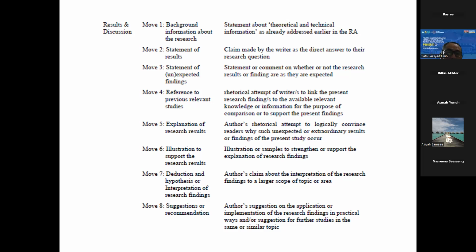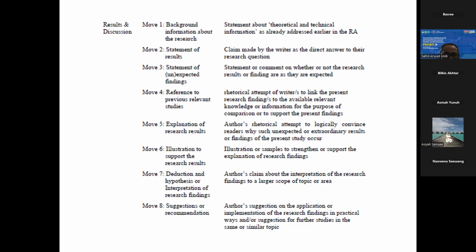comparison. You have to compare your findings with the findings of other authors who already published their articles in journals, and it is better for you to choose the different findings. So your findings are different from the findings of others.